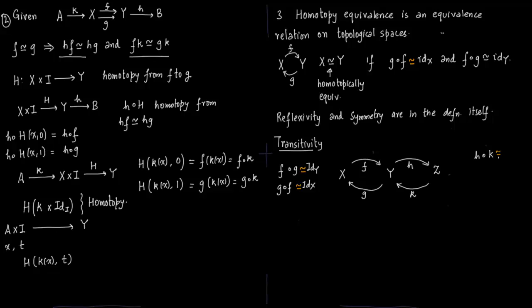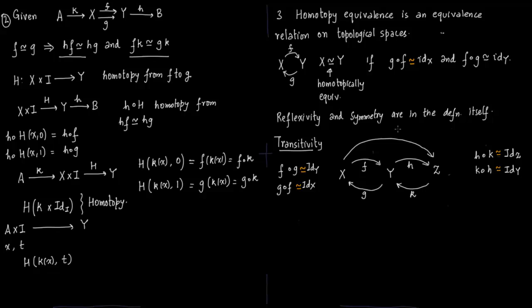You first apply k and then you apply h, you get id on Z, and then you first apply h and then you apply k, you get homotopic to id on Y.